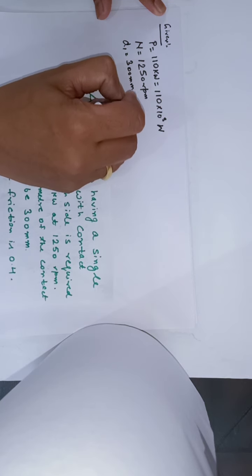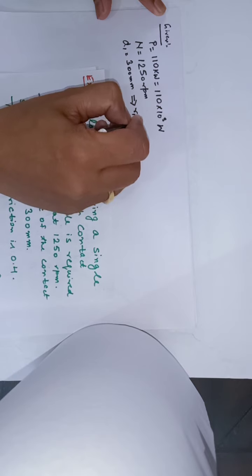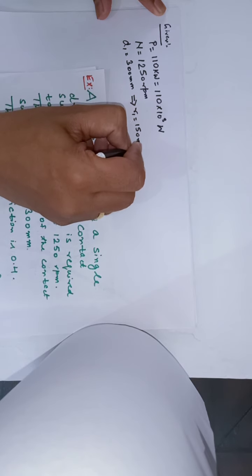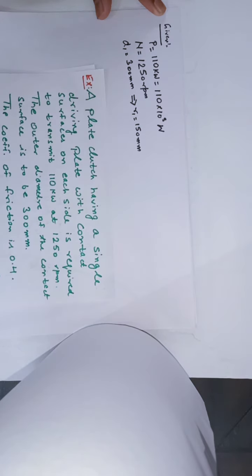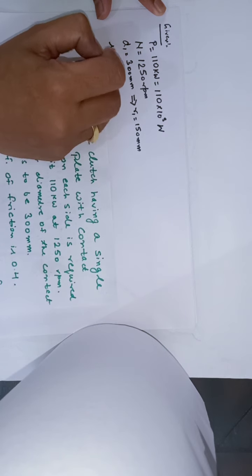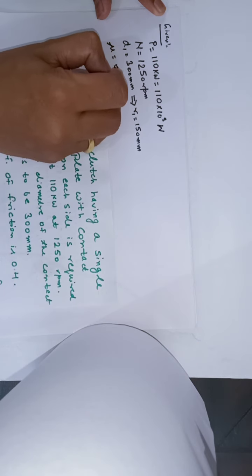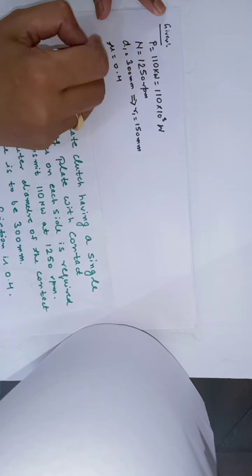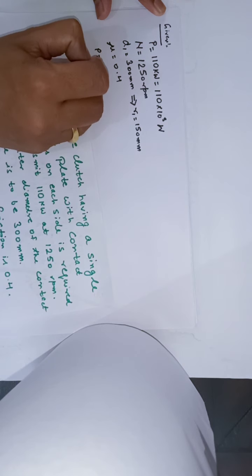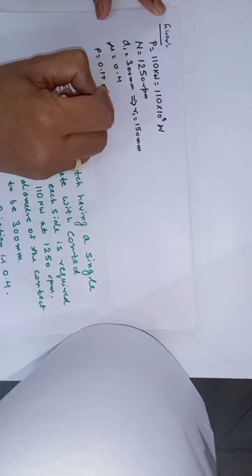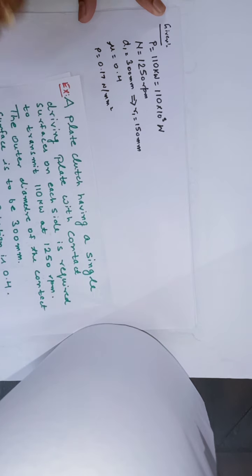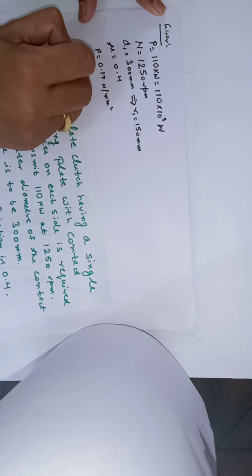So from here we can write R1 is 150 mm. Next, coefficient of friction is given as 0.4. And next one is pressure. Pressure is 0.17 Newton per mm square. What we have to find? We have to find out D2.